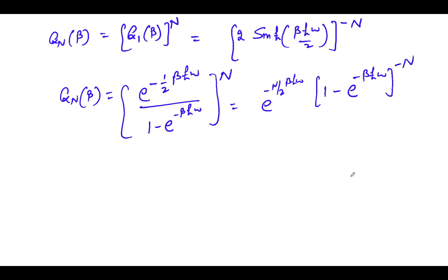So once we find out this partition function, from that we can find out the various thermodynamic parameters. The first thermodynamic parameter which we will derive is the Helmholtz free energy.